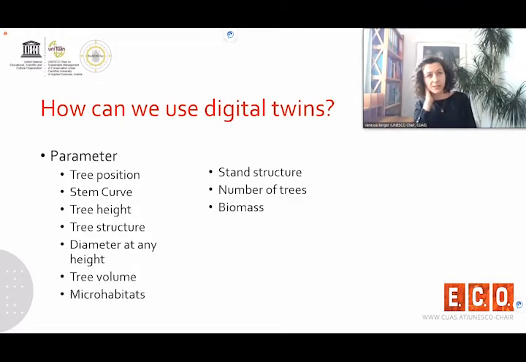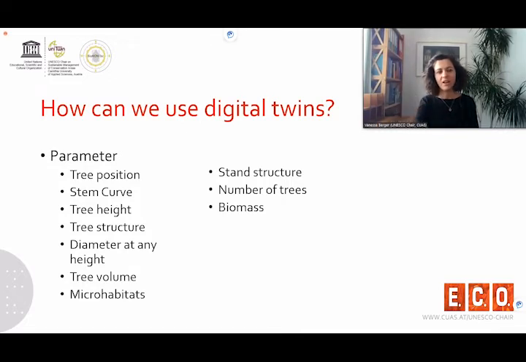And therefore it's really good to have those parameters to calculate the tree volume, because all we use now are allometric functions. So you have one height and one diameter, but if you have the volume of the tree, then the biomass calculation is more accurate.